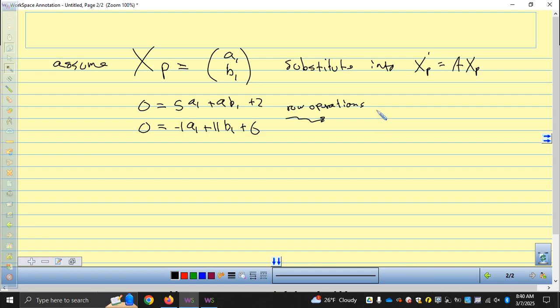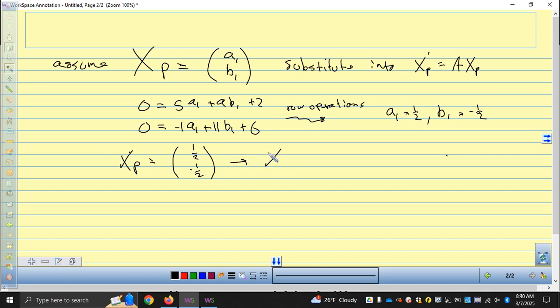And we get a1 is 1/2, and b1 is -1/2. But this system's not a difficult one to solve. So our particular solution, x sub p, in this case is (1/2, -1/2).